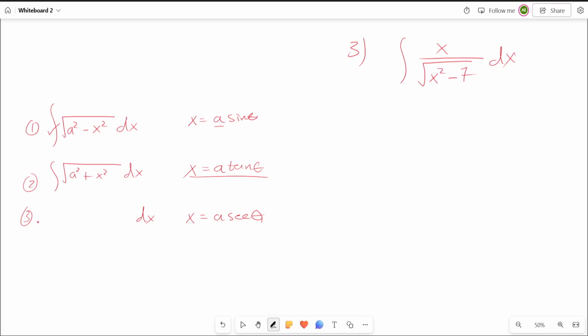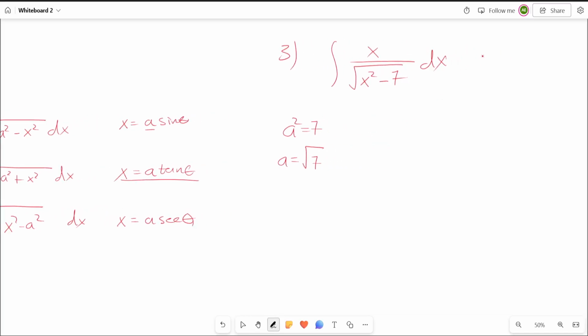Okay, let me rewrite this. This is integration of square root x squared minus a squared. So this basically looks like this final one, because I have an x squared minus something, right? So this makes my a squared equal to 7, which makes my a equal to square root of 7, right?